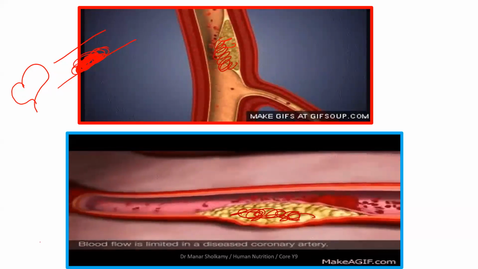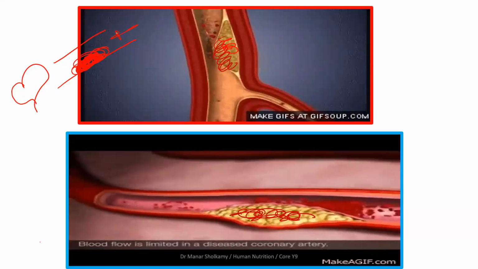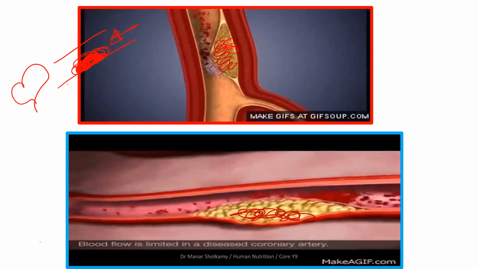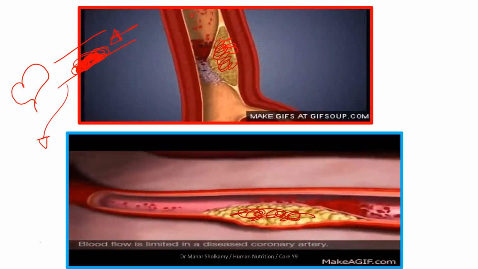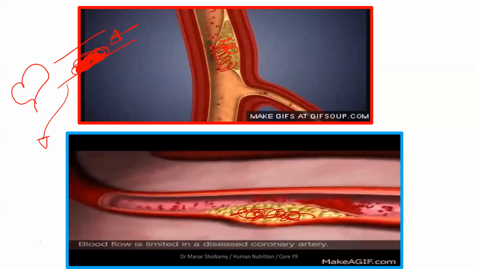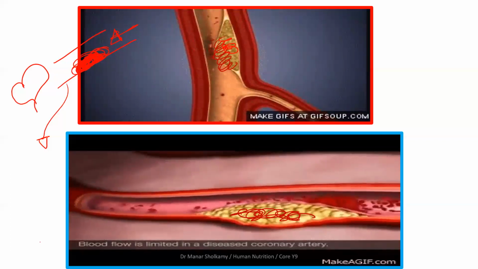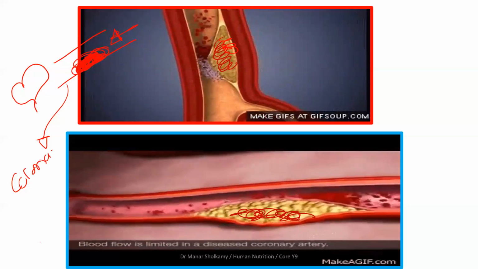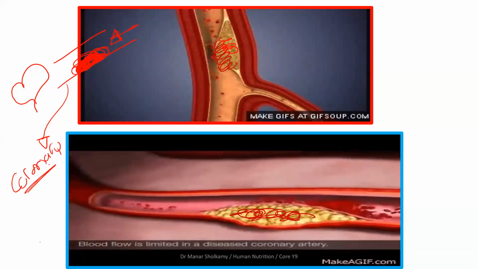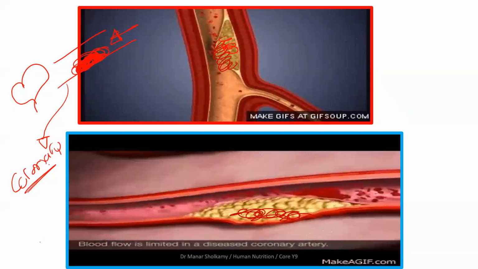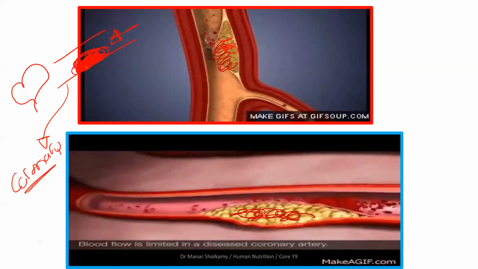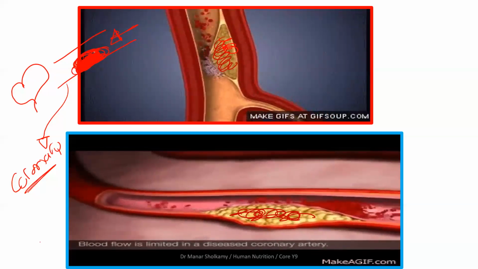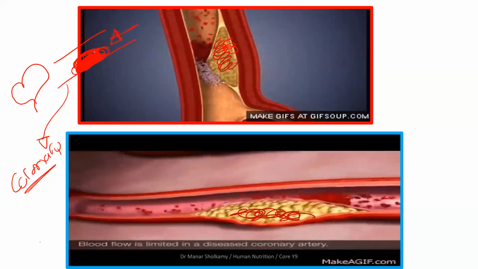It's very obvious here. Now, the artery that supplies blood to the heart has a name. What is the name of the artery that supplies the blood to the heart? Coronary artery. Yes, coronary artery, because we will take it in another lesson, so it's okay to say it. Now, when the fat or the plaque builds up inside the walls of the coronary artery, the blood will not reach the heart.